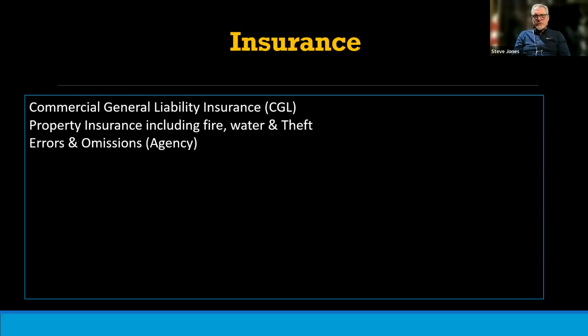Errors and omissions insurance. There are two types of errors and omission insurance in our business. One I call agency errors and omissions insurance, and the other errors and omission insurance for contractors. So first off, agencies. The agency errors and omissions insurance is where you're insured for your owners, the company, and sometimes executives and directors.